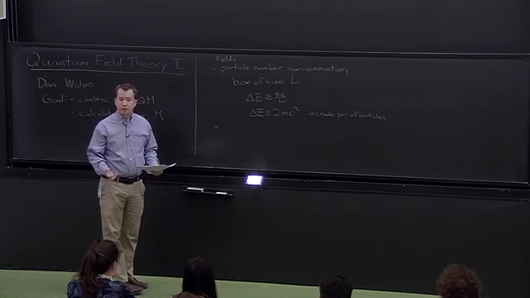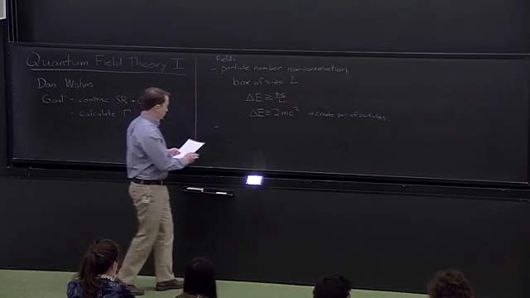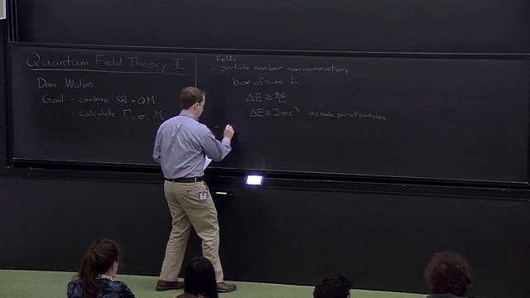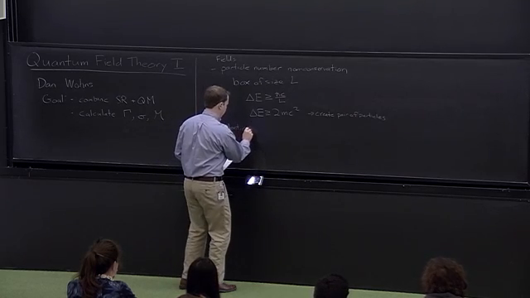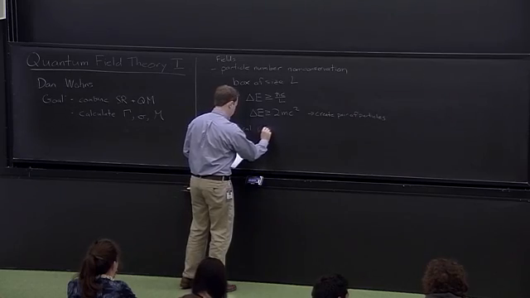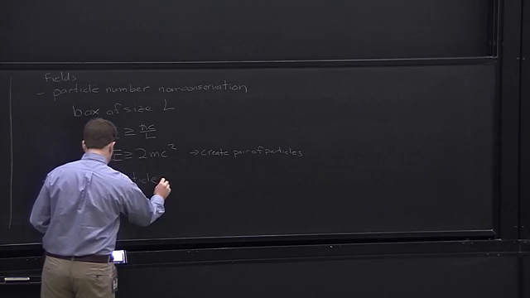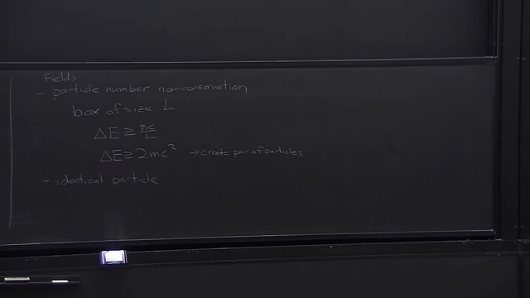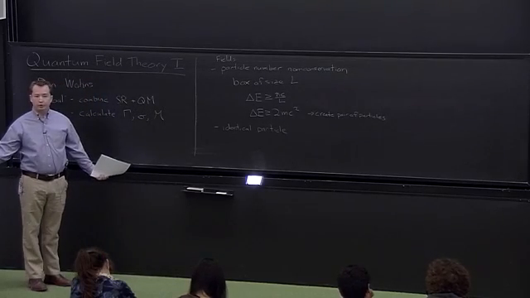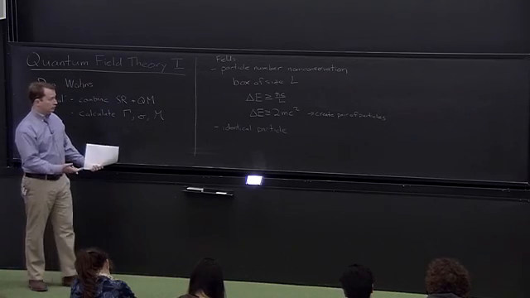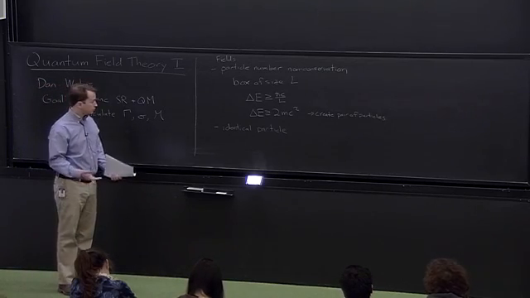Another reason we start with fields is this answers the question of why identical particles are identical. So if particles are just excitations of a field, then all electrons across the entire universe are excitations of the same electron field.